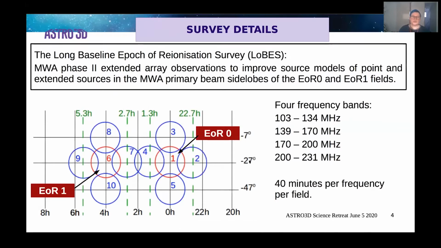This is because it's important not only to have accurate models of these sources in the primary fields we're using for the experiment, but also the sources in the side lobes of the observations of the field. And the survey is taken over a wide range of frequencies so that we get very accurate spectral modeling for each of the foreground sources. What I'm presenting here today is just images and data from this EOR0 and the neighboring fields.